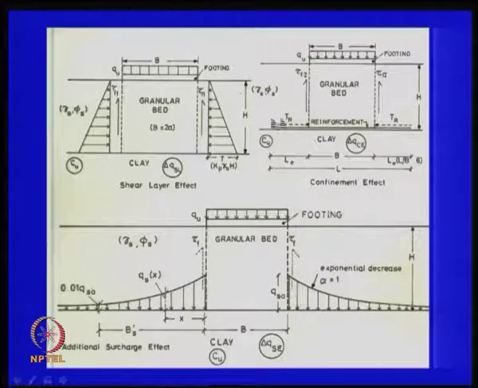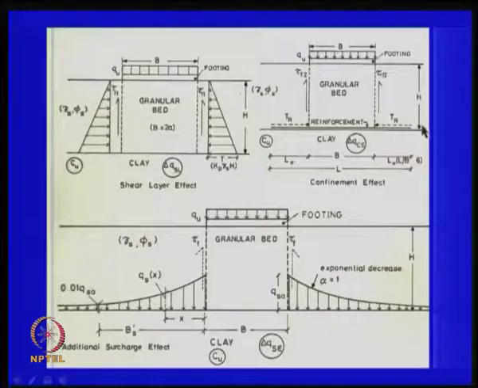The resistance is developed on the friction on this reinforcement member, up to L naught, x naught, as we have seen. So, you can calculate the shear resistance, and if you put a complete reinforcement like this, there is something acting here, okay. Because of the confinement effects, you are able to get some improvement in bearing capacity.